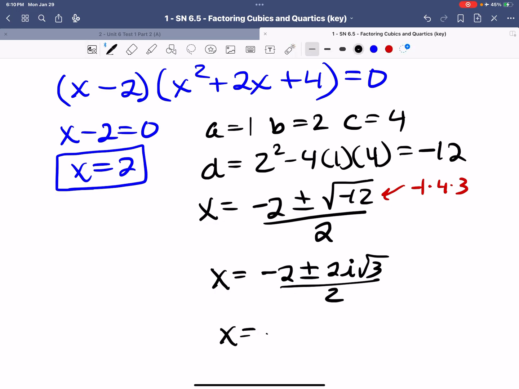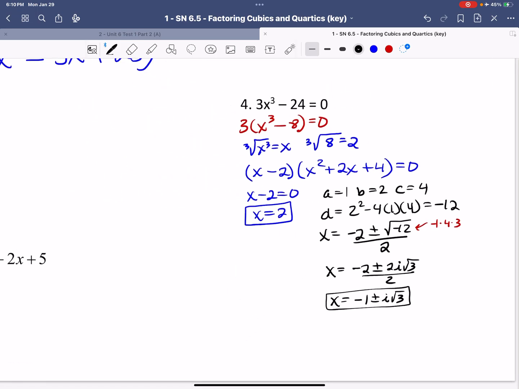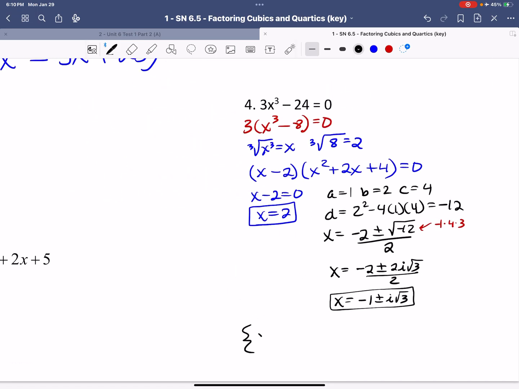So x is equal to negative 1 plus or minus i square roots of 3. So there's two solutions. So let's put these in set notation. Here we go. x such that x is an element of negative 1 minus i square roots of 3, negative 1 plus i square roots of 3, and 2.